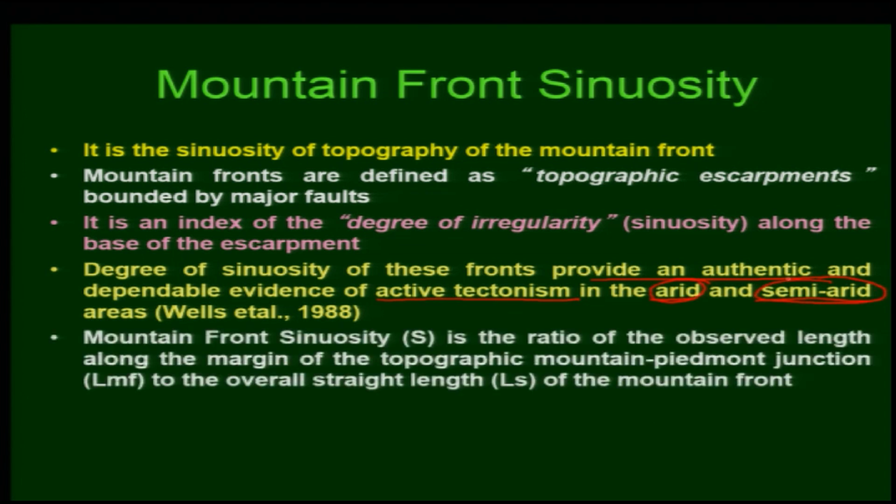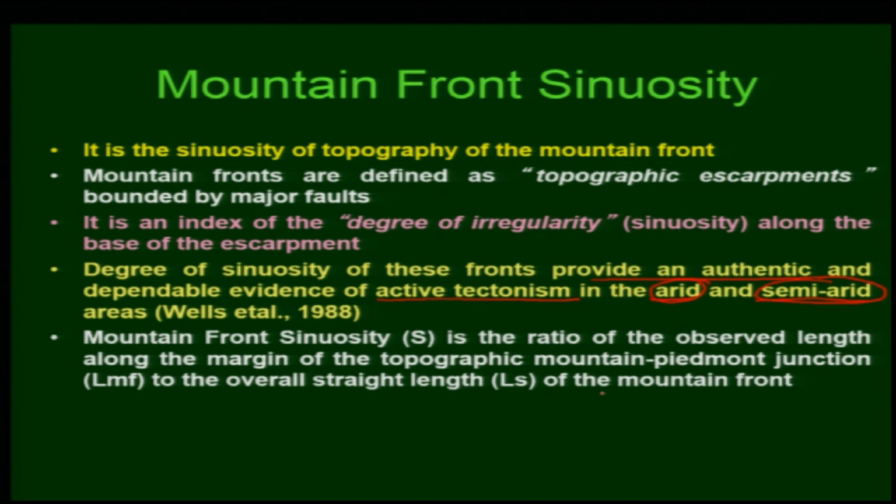Okay. Now, mountain front sinuosity is the ratio of the observed length along the margin of topographic fronts, that is the junction, what we term as the piedmont junction, and it has been given as LMF, to the overall straight length LS of the mountain front.